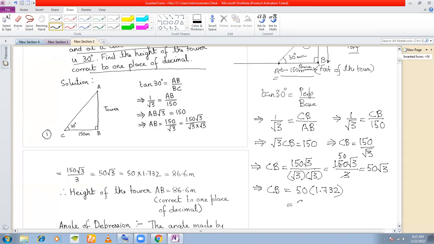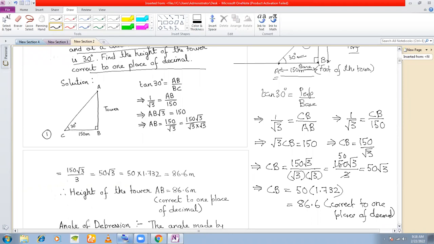So now if you multiply this, you're going to get 86.6 and something, because you need to find the value till only one place of decimal. So you leave it at 86.6 and say correct to one place of decimal. Right? So this is as easy as this to find in order to understand the concept of angle of elevation.